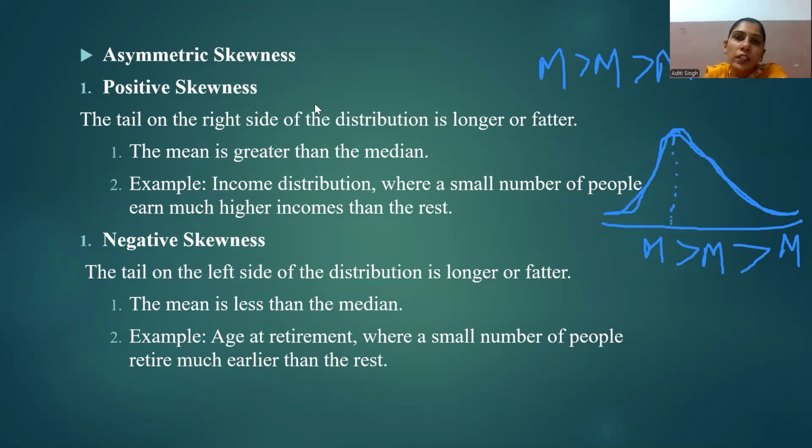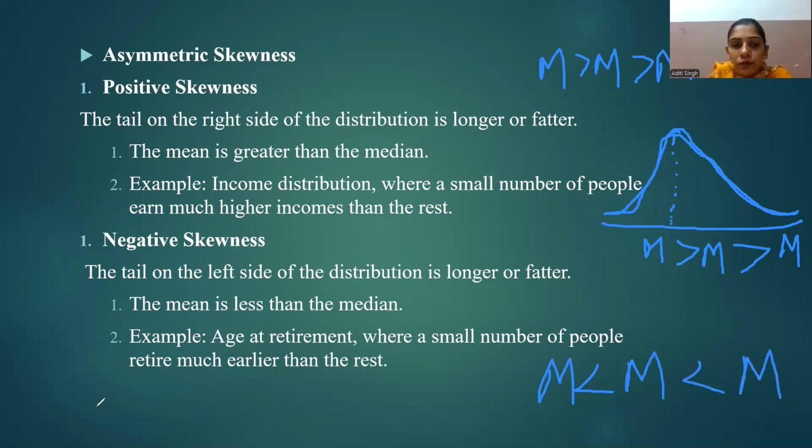In this, the concentration of frequency is more towards the lower values of the variable, in which the left tail is longer than the right tail. If the left tail is longer, we get a negatively skewed distribution, which means mean is lesser than median and median is lesser than the mode.